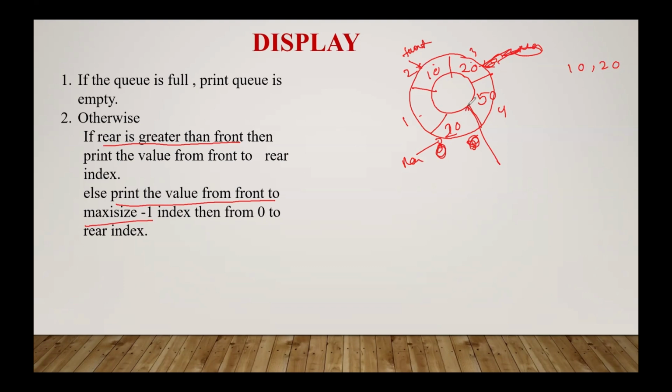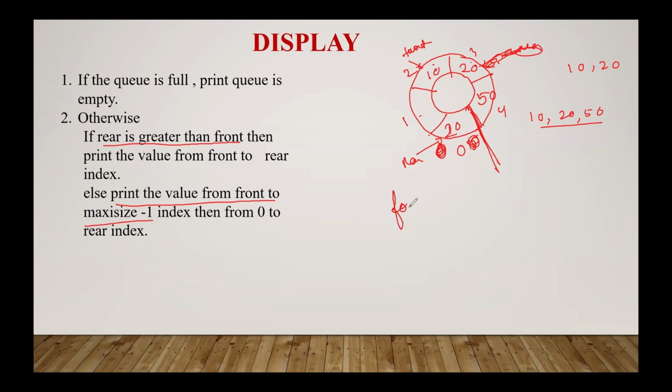Now, because the rear is at 0, it means it already reached the maximum size, and after that insertion starts from this end. So you can think of the printing as two parts: first from the front to the maximum size, then from 0 to the last position of insertion. So we have to print 10, 20, 50. How to print?